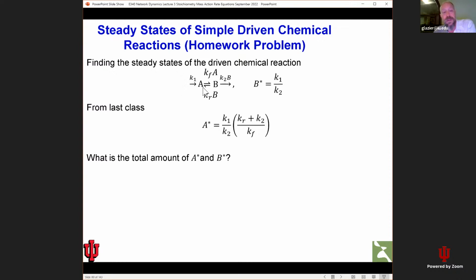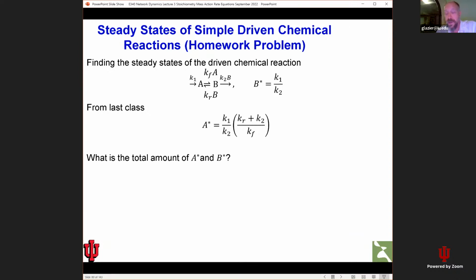I start out by writing, what is dA/dt? dA/dt is K1 minus KF A plus KR B. What is dB/dt? dB/dt is KF A minus KR B minus K2 B. I now want to know equilibrium, so I set dA/dt equal to 0. I'm sorry, steady state, dA/dt equal to 0, and solve for B in terms of A.